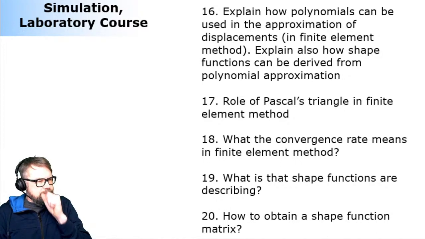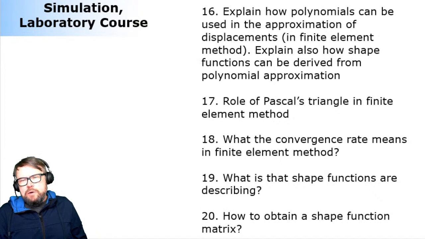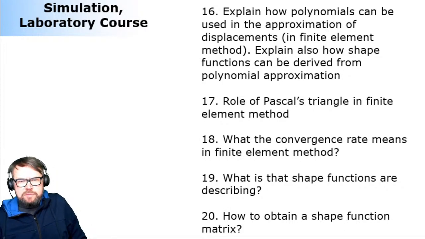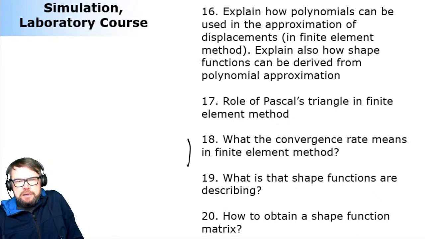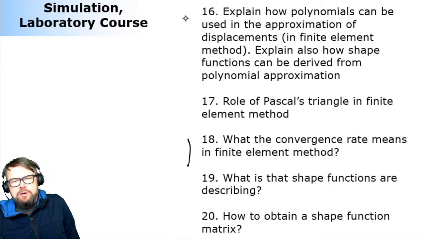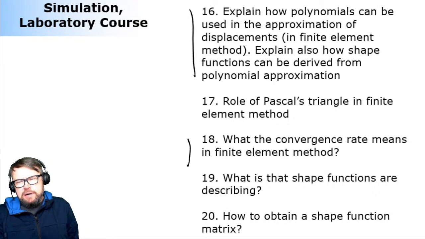Then, related to polynomials, there's a question about Pascal's triangle. This is how you select the polynomial expression. How it goes, I will explain right after I have explained the role of shape functions and polynomials. And then something very basic, which too is related to this polynomial expansion and shape function.